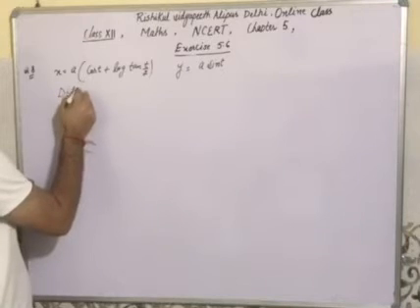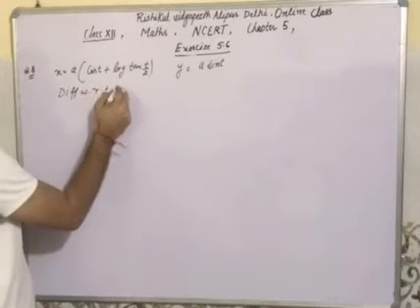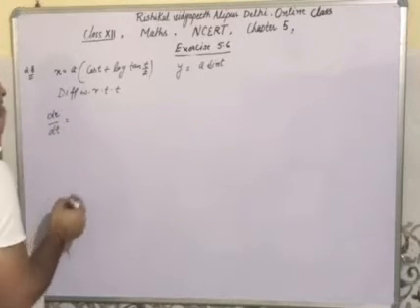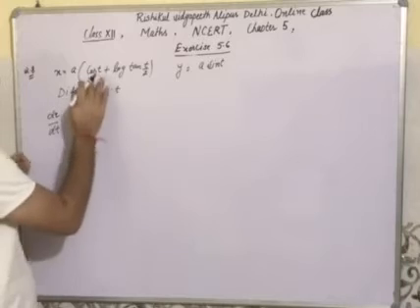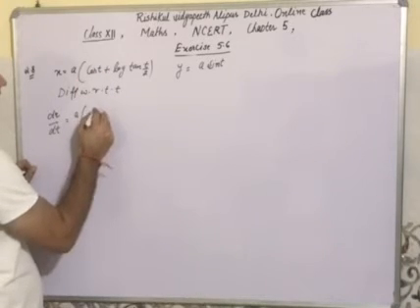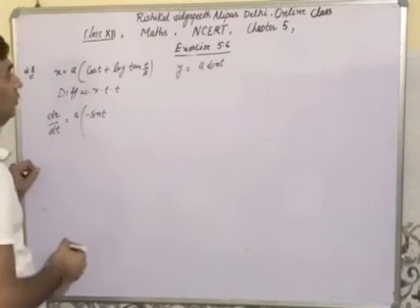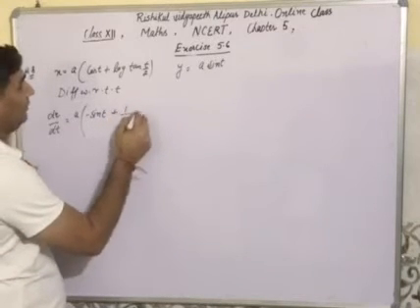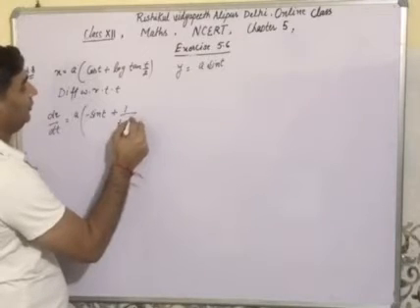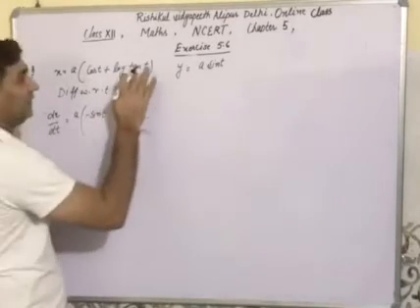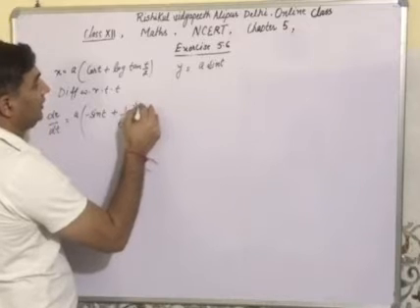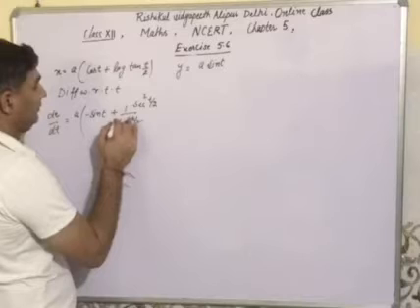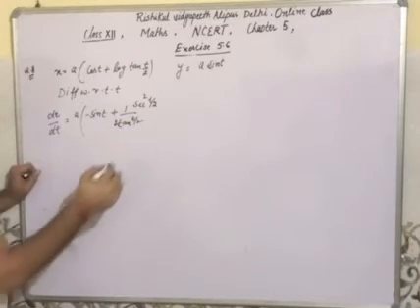differentiate with respect to t, then dx upon dt is equal to, a is a constant term, the derivative of cos t is minus sin t, plus the derivative of log tangent t by 2 is plus 1 by tangent t by 2, and the derivative of tangent is sec square t by 2 and the derivative of t by 2 is 1 by 2, then 2 into tangent t by 2.